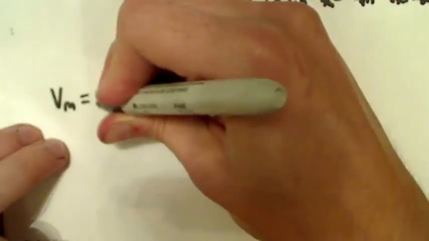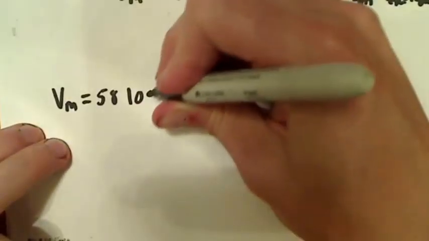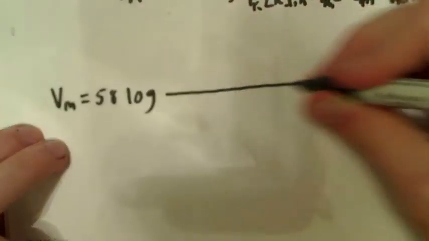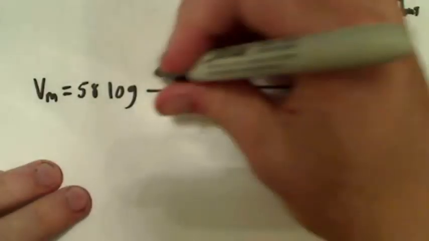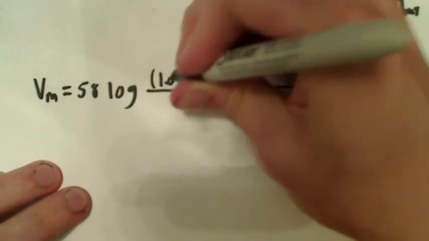So I will say the resting membrane potential is equal to 58 log. So that's all the same. Now we need a pretty long line here, so we've got a lot to write. Let's look first at the permeability for K. The permeability for K is simply 1, according to this paper, so I'll just plug in a 1 here.